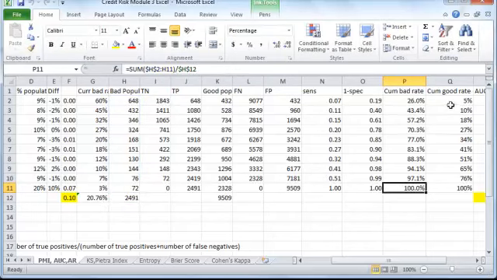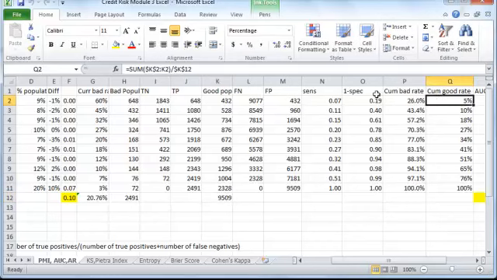Just the reverse of this, if I want to calculate the good rate, if this much is the bad population, I will subtract this from the original population of 1080 to get the good population here in all subsequent bands, and I see that out of 12,000 I have 9509 good customers.